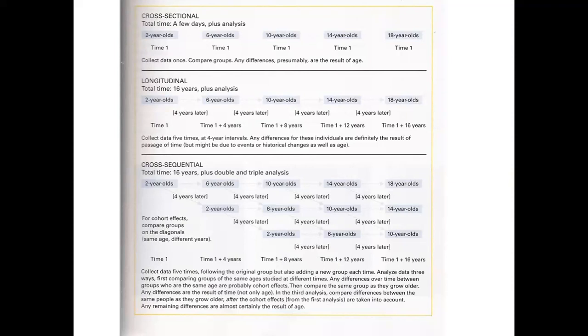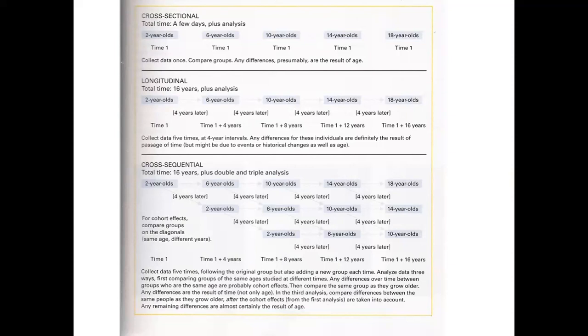So we would refer to that as a cross-sectional design. Whereas in a longitudinal design, we are tracking one group at many points in time. And what this picture is suggesting is, generally speaking, we would keep the amount of time even.